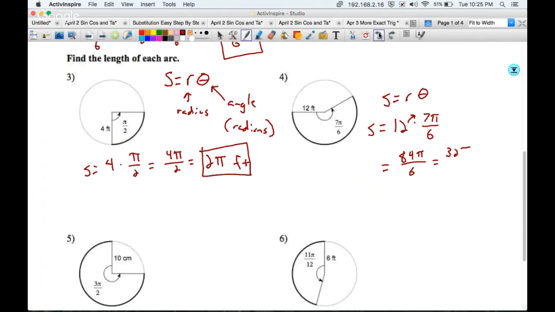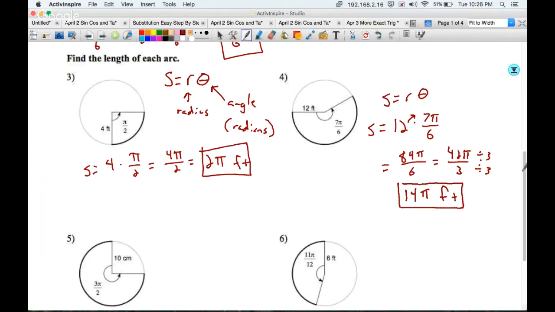If I divide the top and the bottom by 2, and divide the top and the bottom by 3, I will get 14 pi, and then I have to grab my unit from the radius, 14 pi feet.